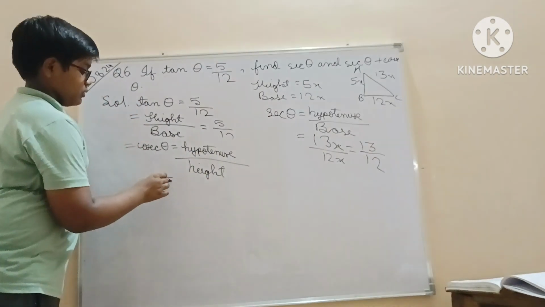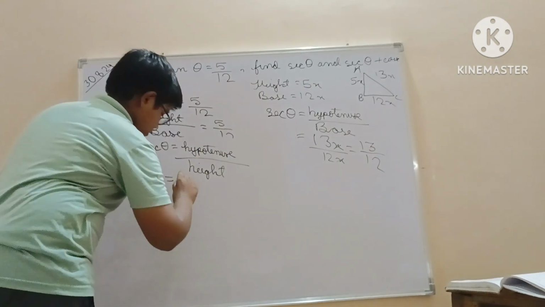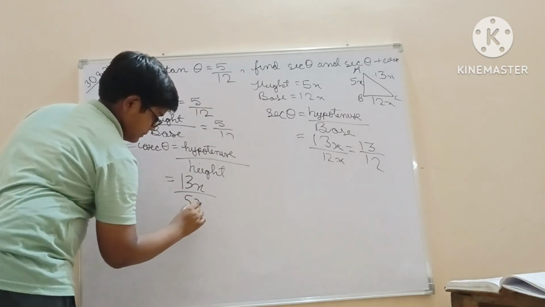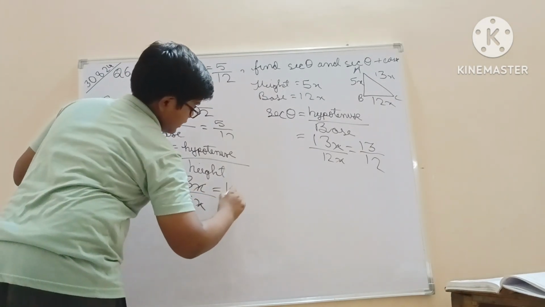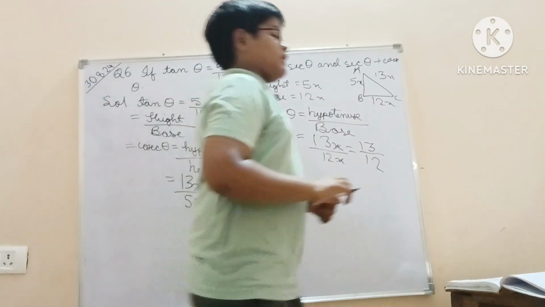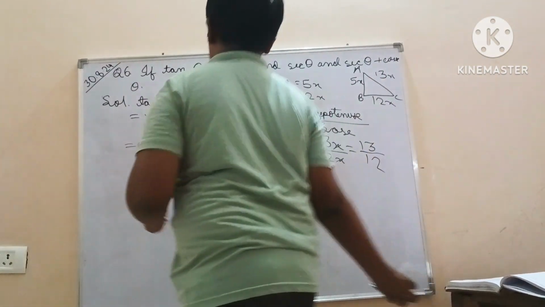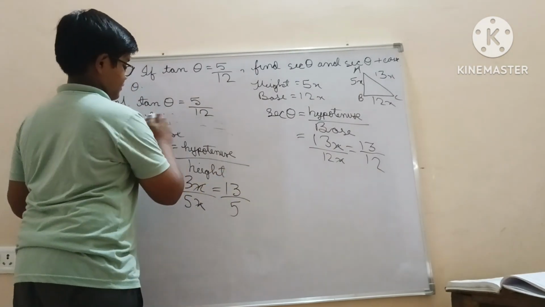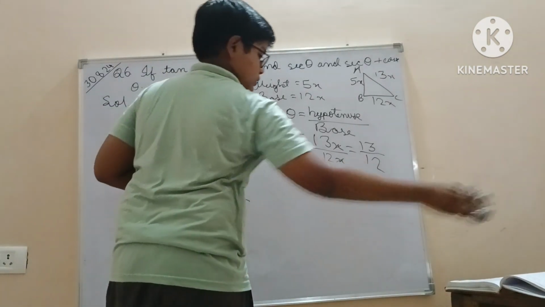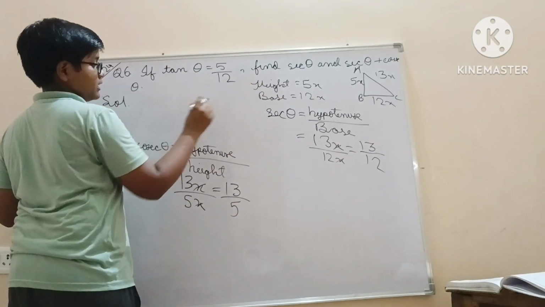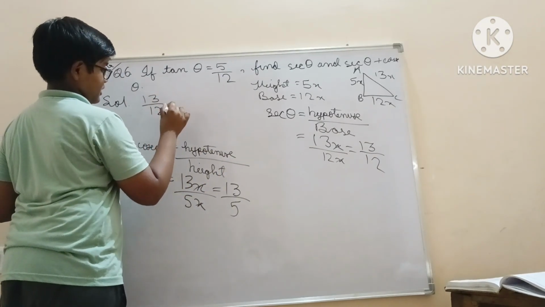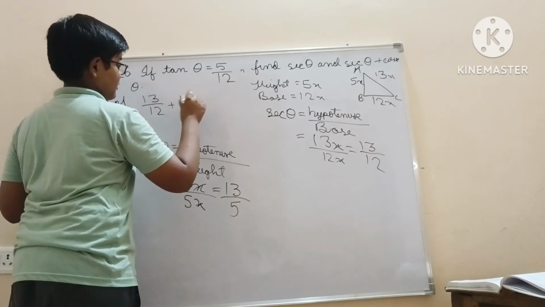Now the hypotenuse of this triangle is 13x and the height of this triangle is 5x. x and x will get cancelled and we will get the value of cosec theta as 13 by 5. Now we have to find the value of sec theta plus cosec theta. Now sec theta's value is 13 upon 12 and cosec theta's value is 13 upon 5.